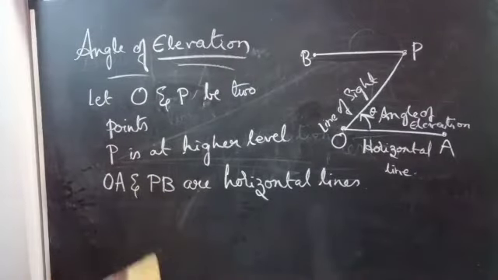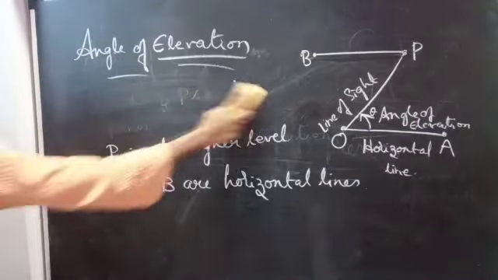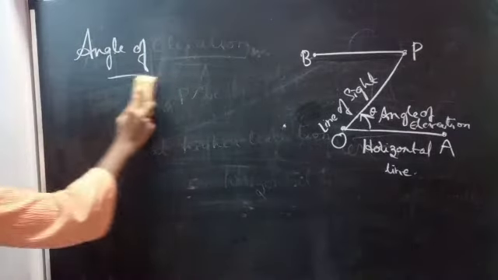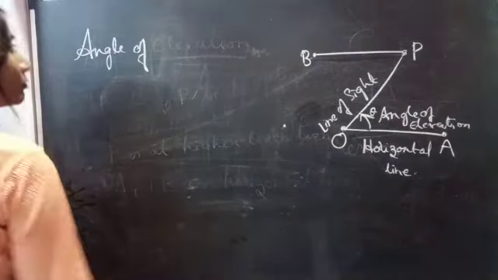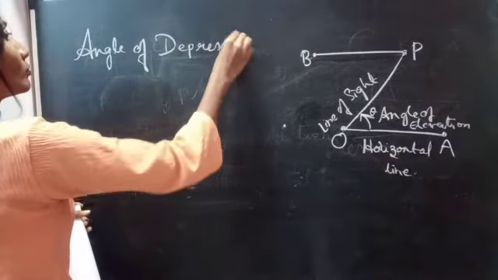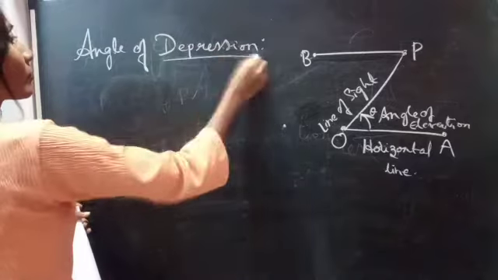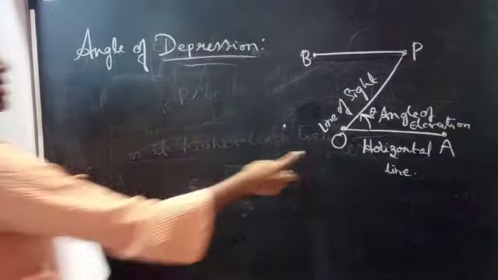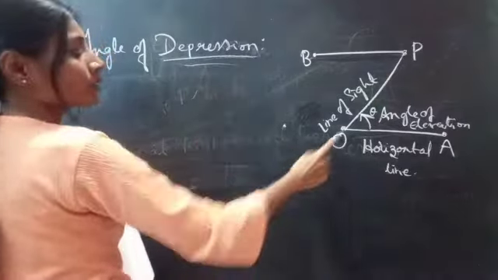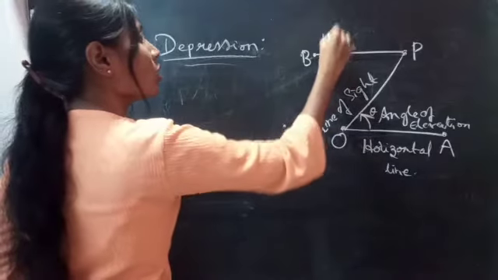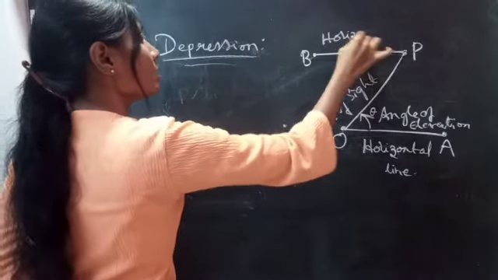Okay. Now let's see what is angle of depression. Consider OP again, P at a higher level, and BP as a horizontal line.